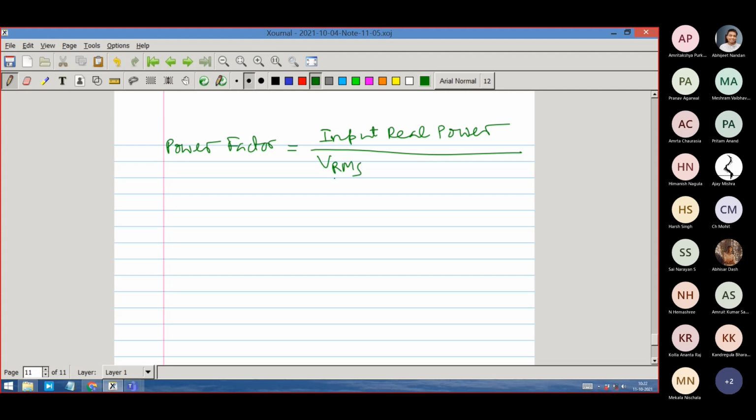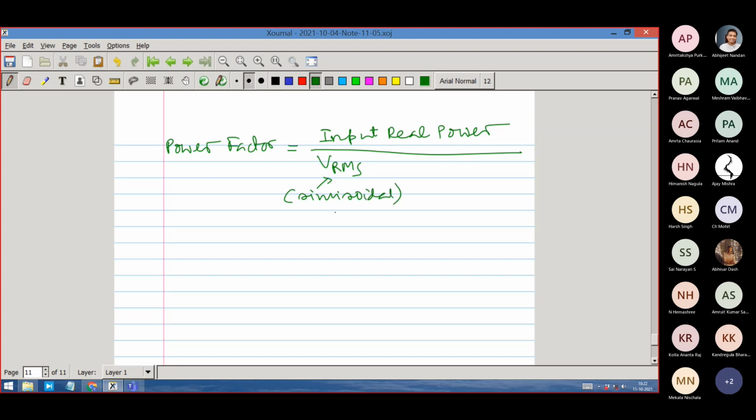I am not writing the fundamental suffix again because the voltage is itself a sinusoidal component, so that you have no confusion.